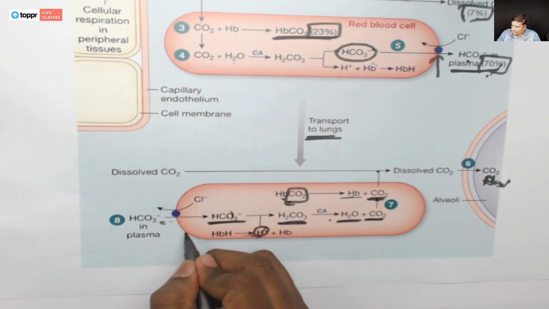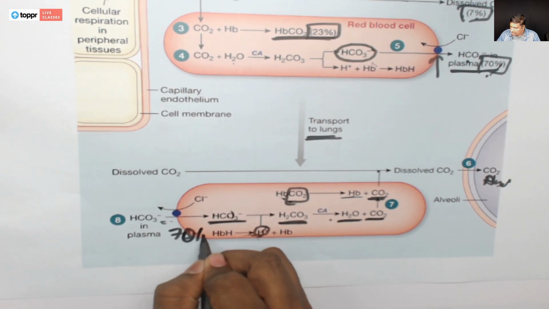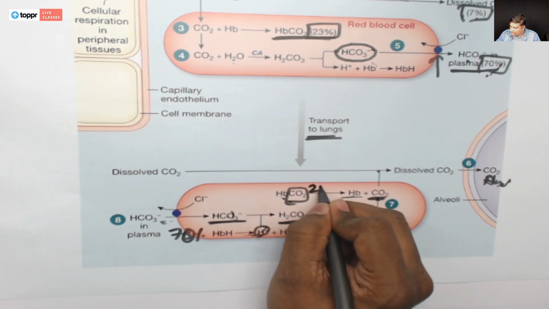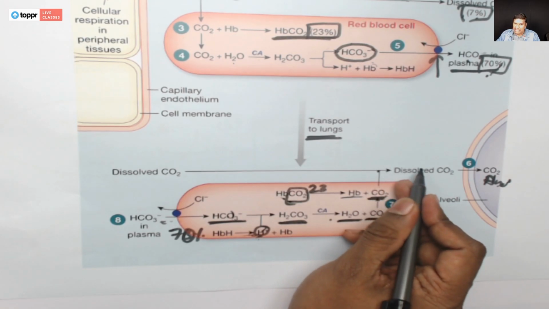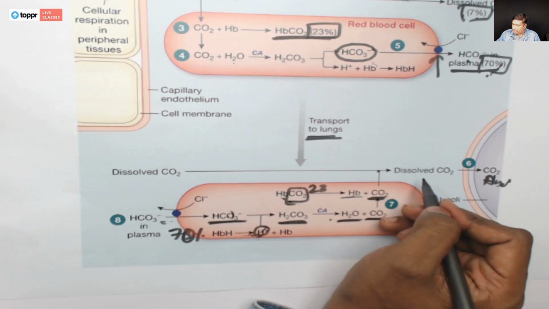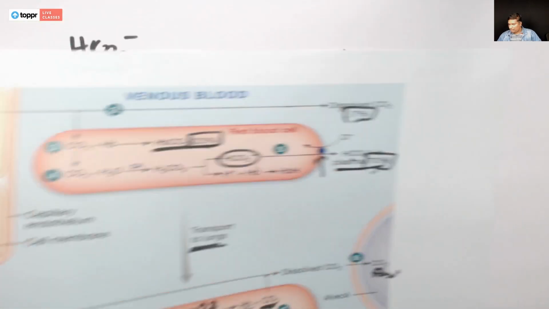So the entire 70% from bicarbonate and the 23% from the carboxyhemoglobin are being released as dissolved carbon dioxide into the plasma, and from the plasma it directly diffuses out. So that is how the carbon dioxide is actually released.